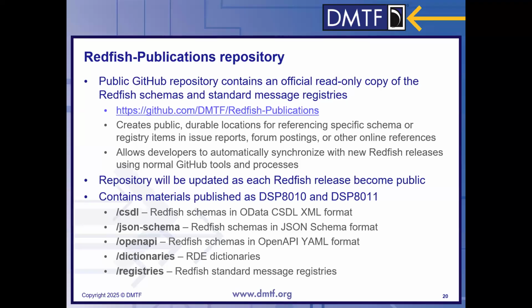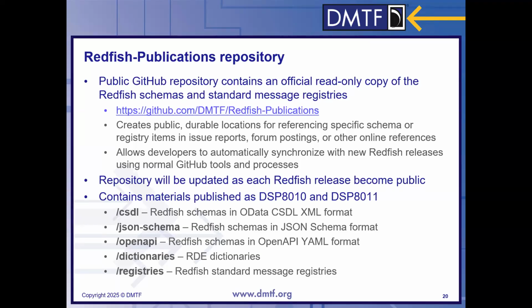So the Redfish publications repository, we have a public GitHub repo that contains an official read-only copy of the Redfish schemas and standard message registries at the URI there. And this serves to create a public, durable location that you can use to reference individual schemas or registry items, either in issue reports or forum postings or other online sources.